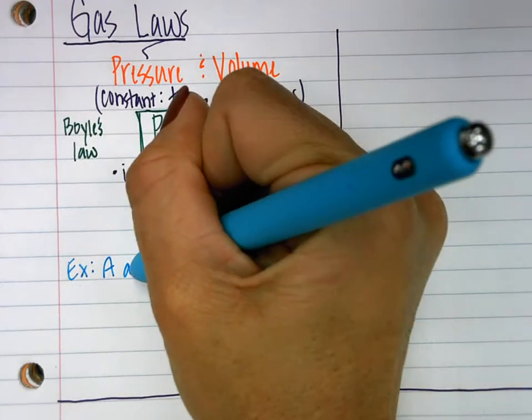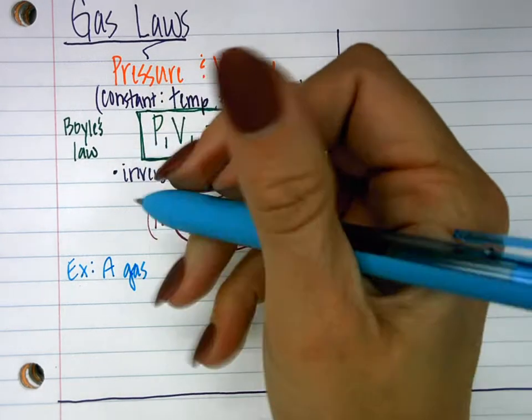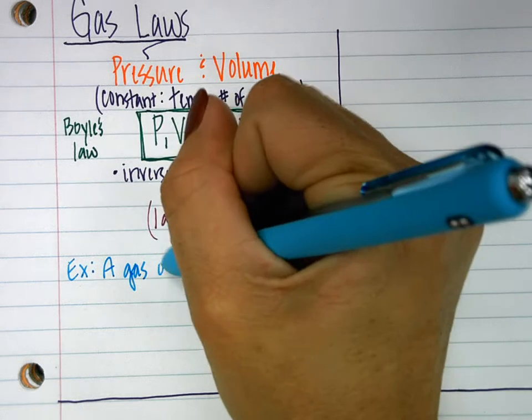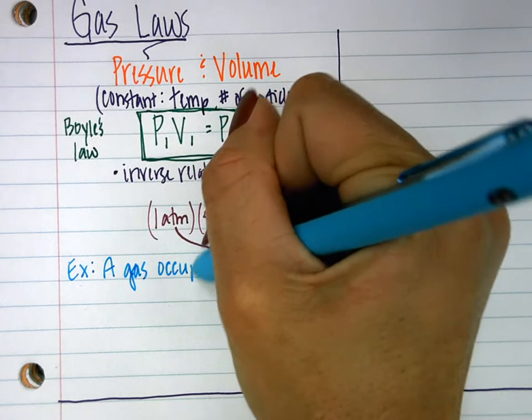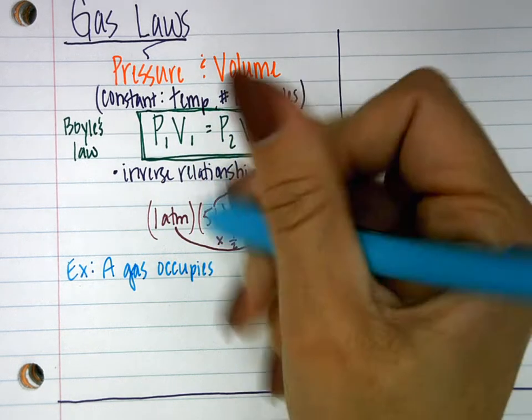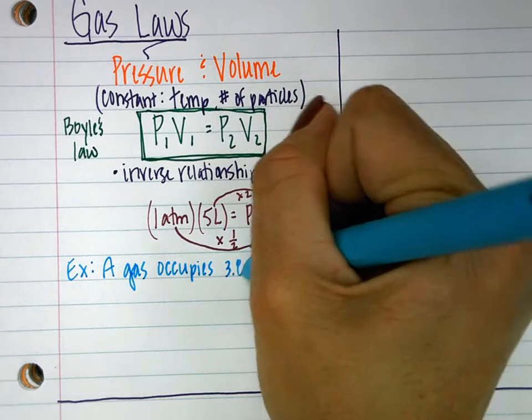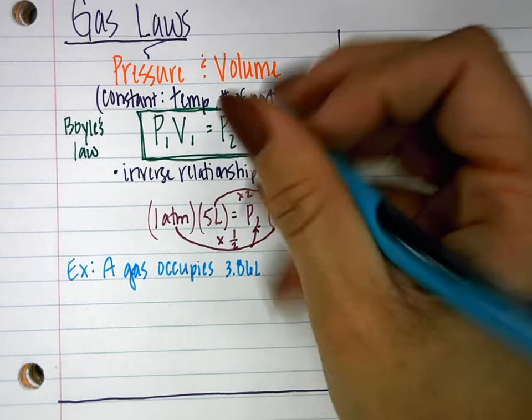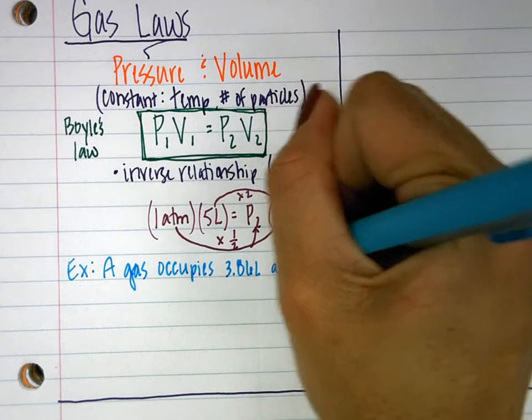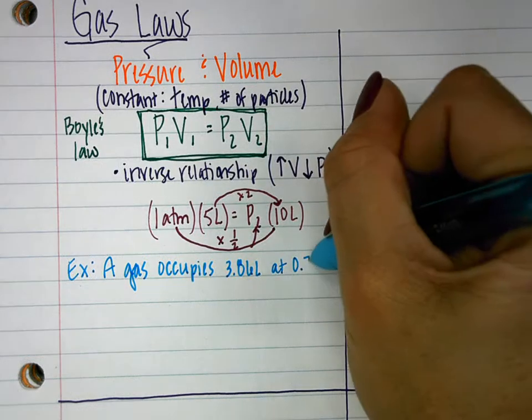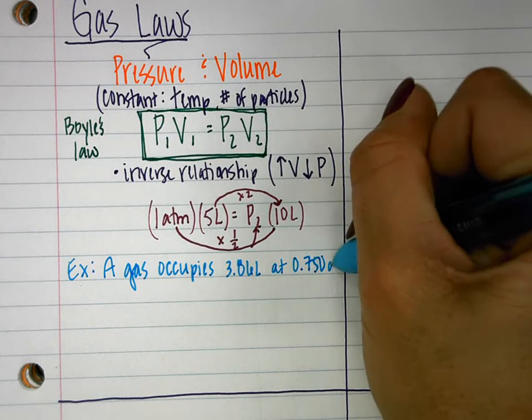So we have a gas, and it occupies 3.86 liters at 0.750 atm.